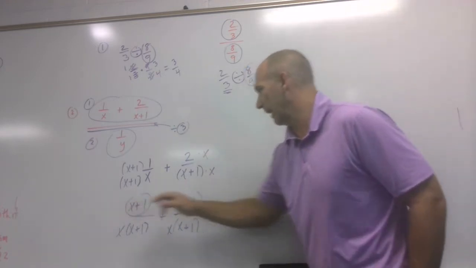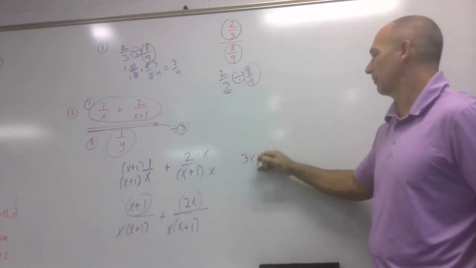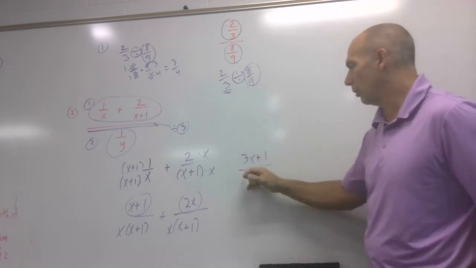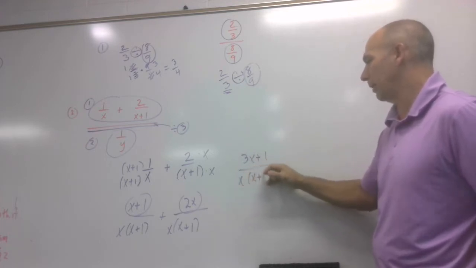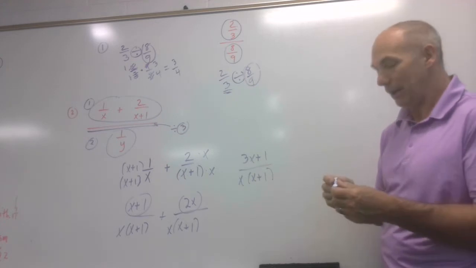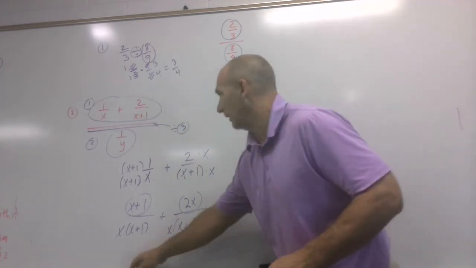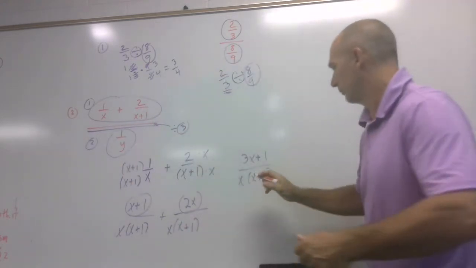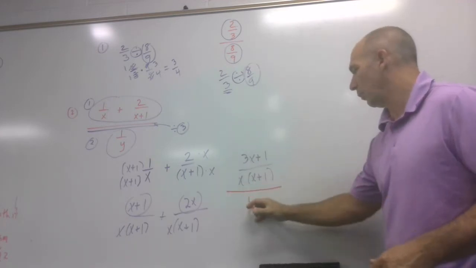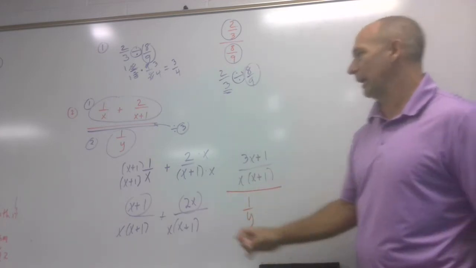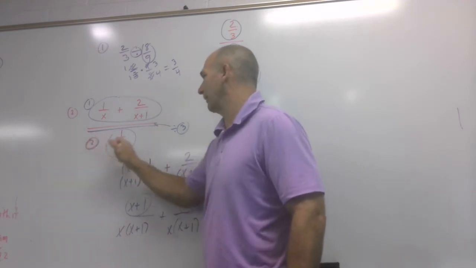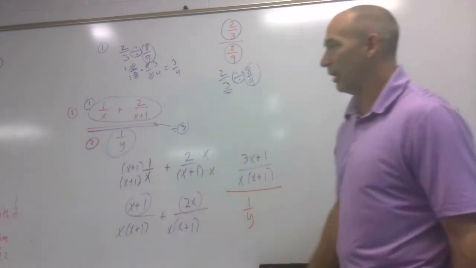So 2x plus x is 3x plus 1 all over x times x plus 1. Now here it comes. This is all over 1 over y. Now here's the thing. I said problem number 2 is this. Good news, there's nothing to do.